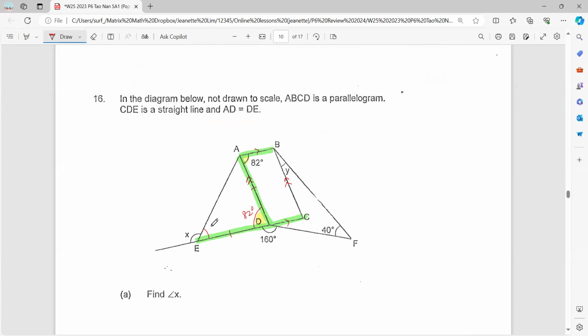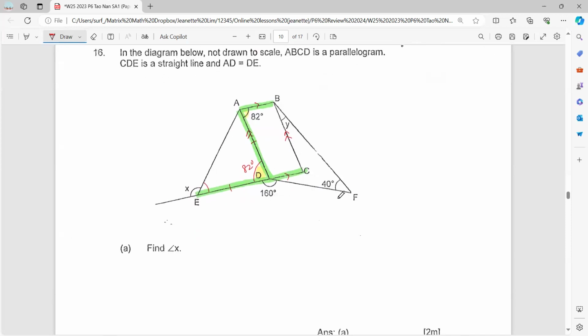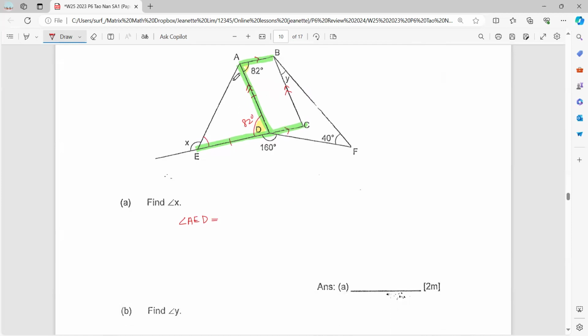So back to the isosceles triangle. To find angle AED, we will take 180 minus 82 and then divide by 2.